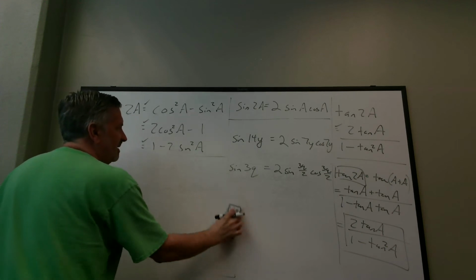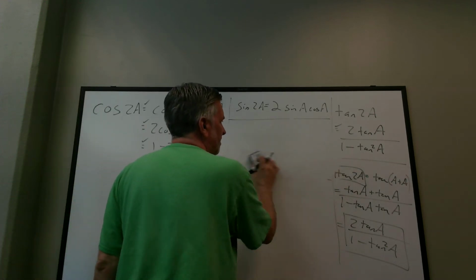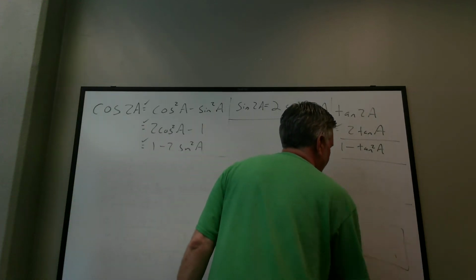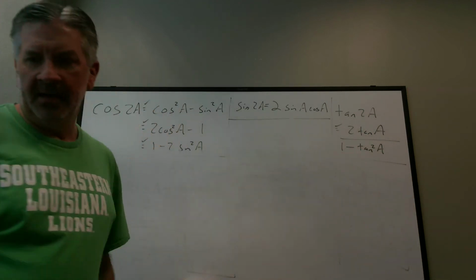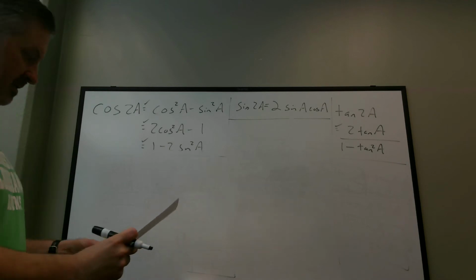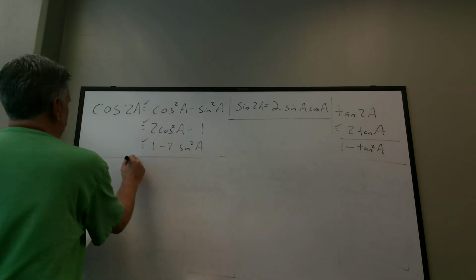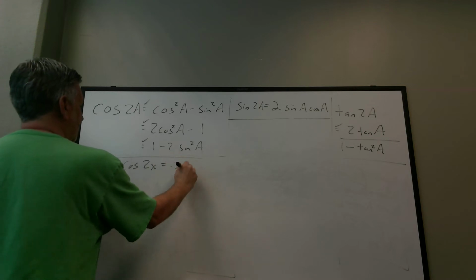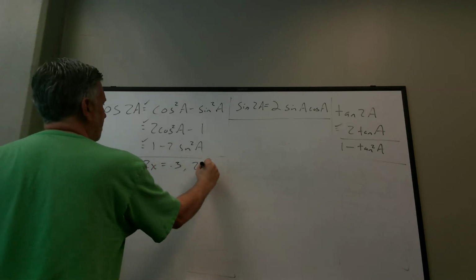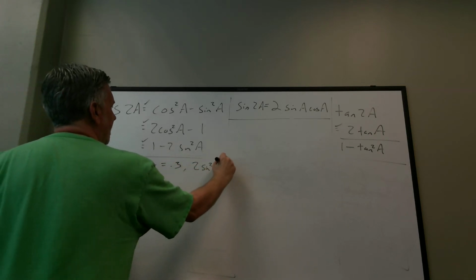Okay, so the next example is just using these directly. It says suppose cosine of 2x is 0.3, and they want to know what's 2 sine squared of x.